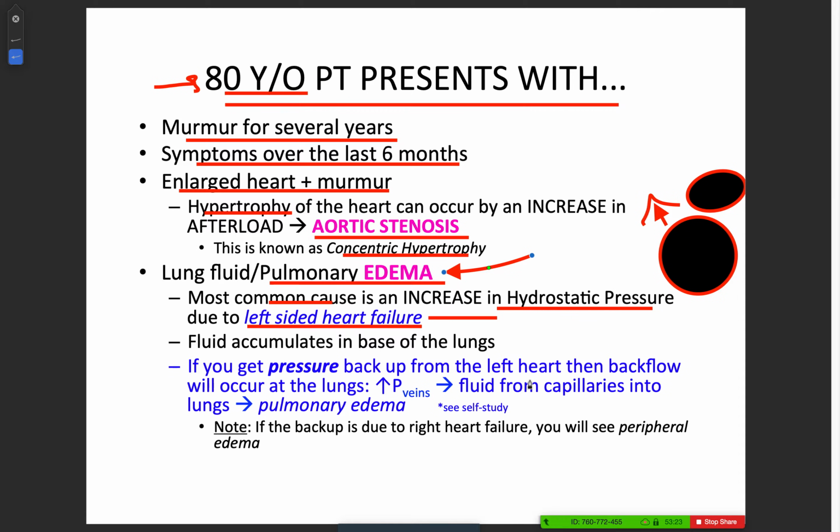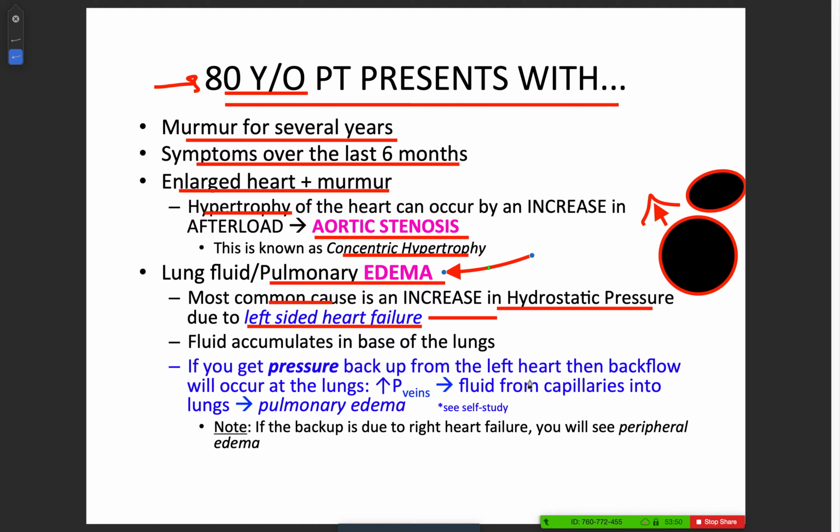Okay, and we're going to do a pulmonary lecture as well, and we're going to talk about different sounds that you can hear. And I remember when I was studying for Step 1, I kind of thought it was all the same thing. Okay, crackles, wheezes, rales, it's all lung stuff, right? It's all like the same thing. But no, the test writers use these words to give you a clue into what's going on, okay?